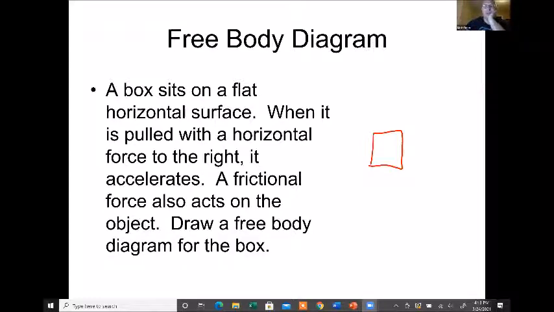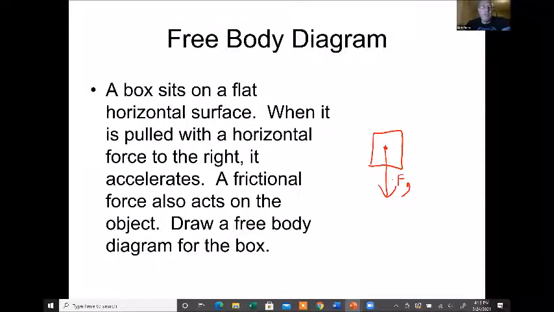First, I'm going to go to the middle here and draw an arrow that represents the weight of my object. I could draw that as a W for weight, or as an F subscript G for force of gravity, which is what I'm going to do here.